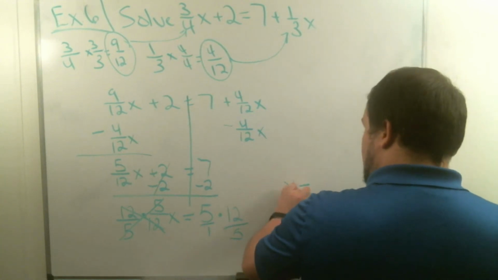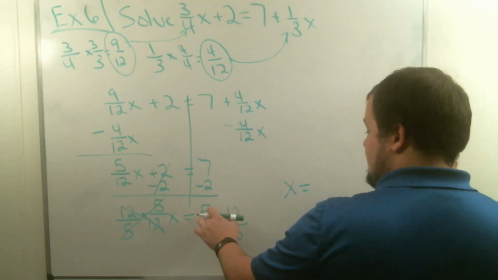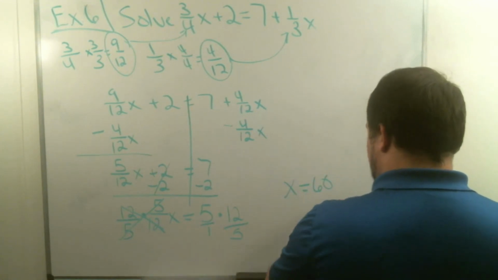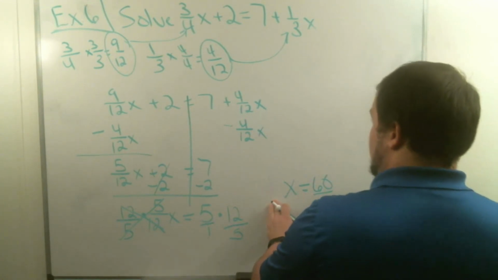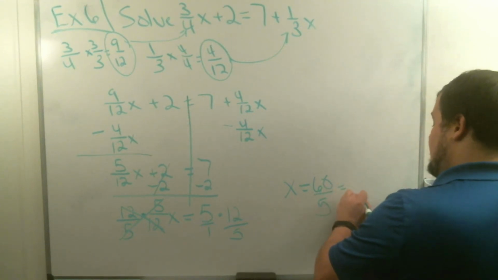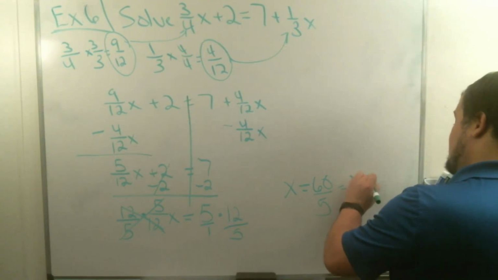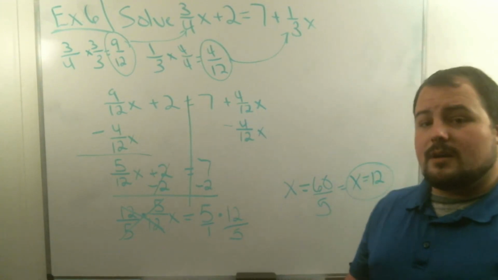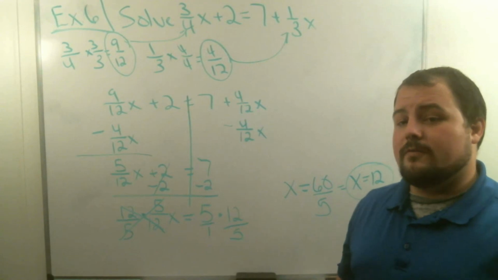My x is going to equal 5 times 12, that's 60. 1 times 5, that's 5. So in this case, my x equals, like the last example, 60 divided by 5. So this means x equals 12 once again. So in this problem, our answer is x equals 12.